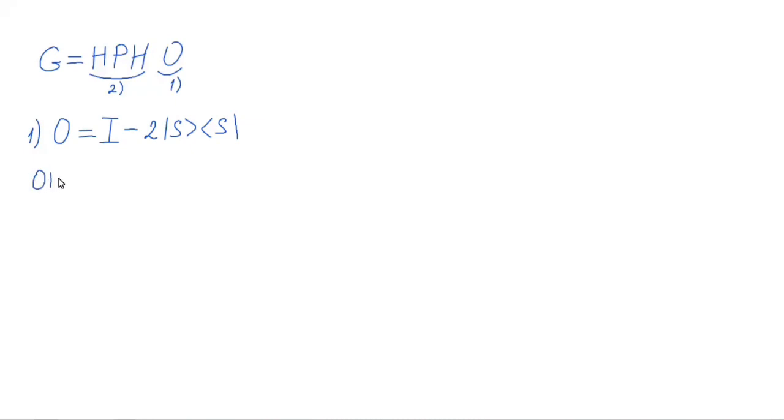Let's first check the oracle acting on the solution vector S. It will be the identity matrix I times vector S minus 2 ket S bra S vector S. And because S is a unit length vector, the scalar product with itself will be 1.